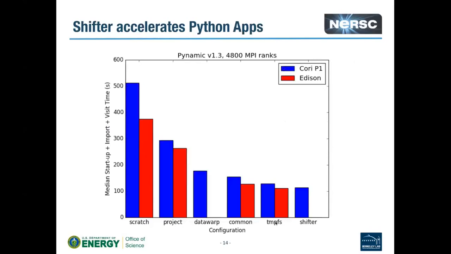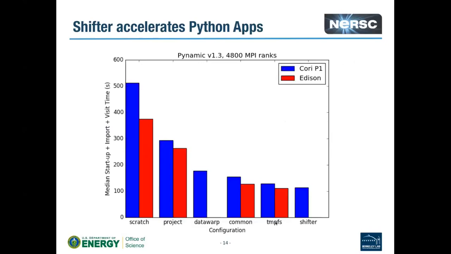Here, this is a benchmark that emulates a Python application that's very complicated and loads lots of libraries. We've run it at 4,800 MPI ranks, so not super large, but not tiny either. And then the measurements here are on different file systems at NERSC that have different characteristics.